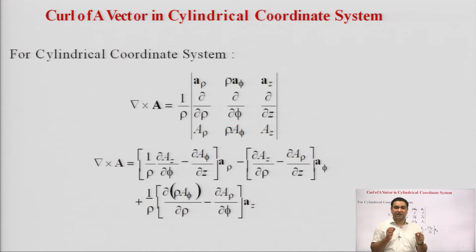So, for describing a distance, a line or a segment, we have to use the radius vector multiplying the angle. Okay. So, this is the complete elaboration of the cylindrical coordinate system curl operation.